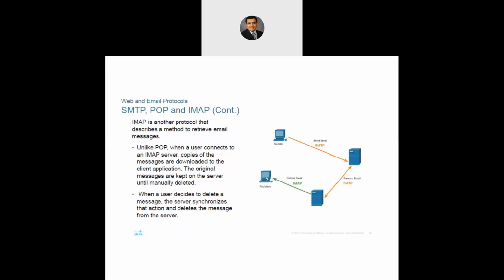And there will always be a link between you. If there is a network connection, there will always be a link. If there is no network connection, it will synchronize later. If you delete an email here, later on it will go and delete the email over there. So every time you can access it on the website, as well as you can access it on your computer standalone by using an application like Outlook and so on. Okay, so IMAP is a better version of your POP.